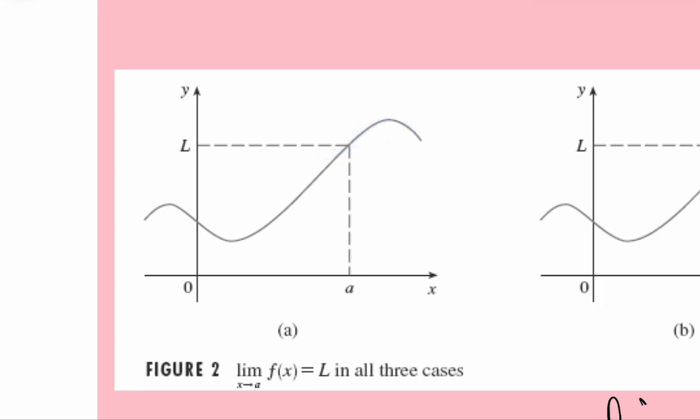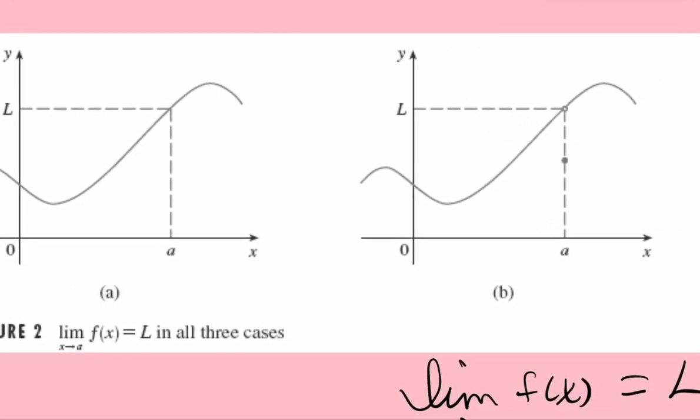That's why the limit as we approach an x value of a is L. This one, as we approach from both sides, we are heading to a height of L. Do we land at a height of L when x equals a? No, we've got this point down here. So the limit still is L as we approach a, but we're not landing there.